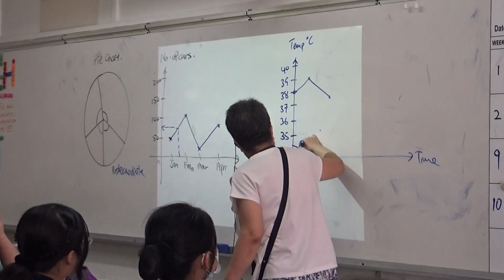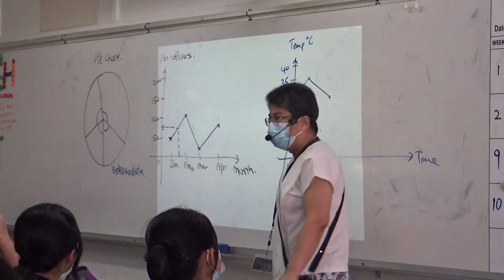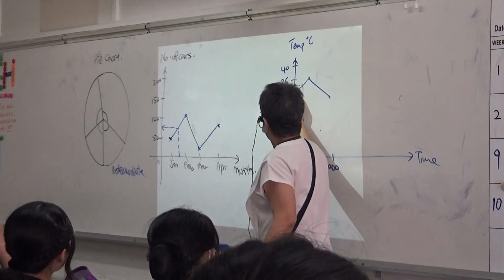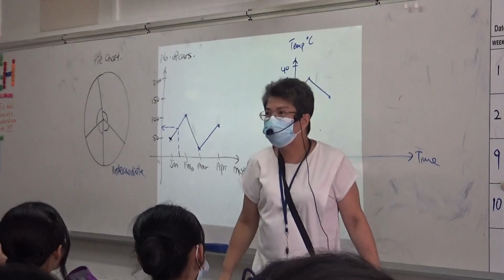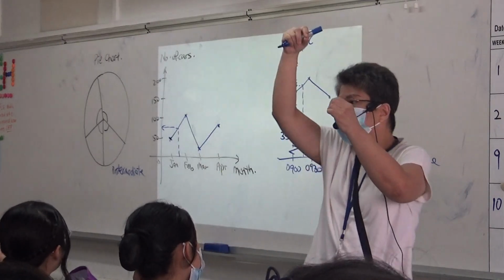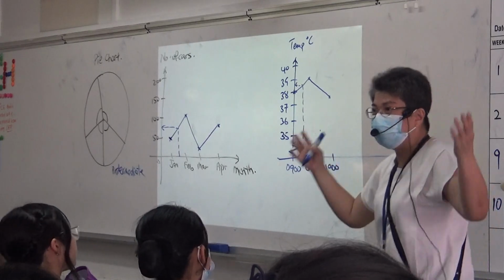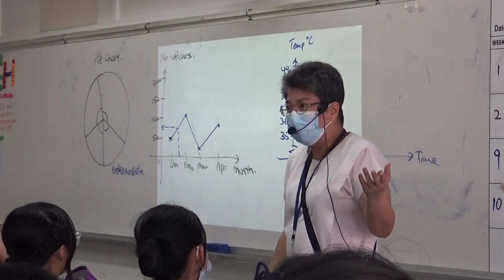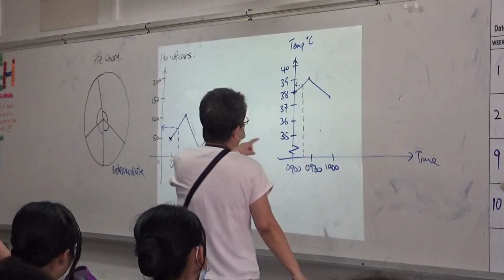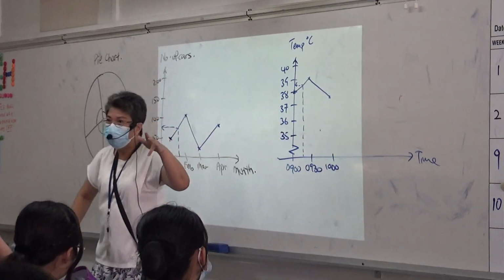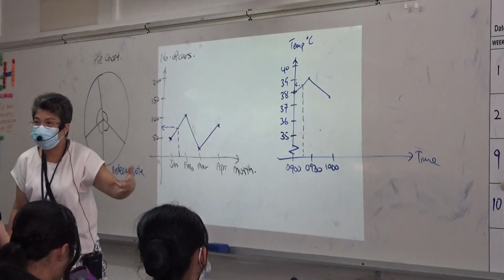Now, do you agree that this one will be 9:15? Yes. Will this have meaning? Yes. Because do you agree that temperature will increase gradually and decrease gradually? It won't suddenly go from 30 straight away to 39, right? Correct. So this one particularly, the intermediate values can have meaning. Understand?